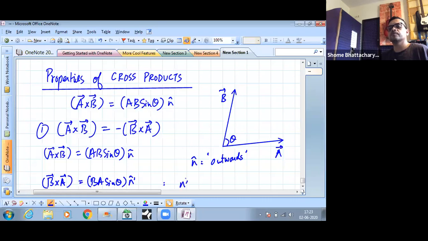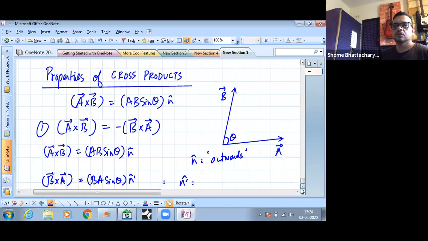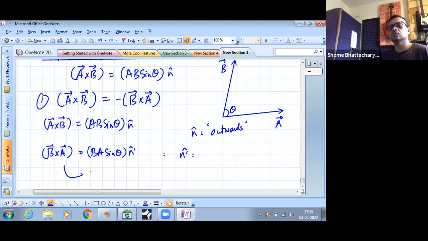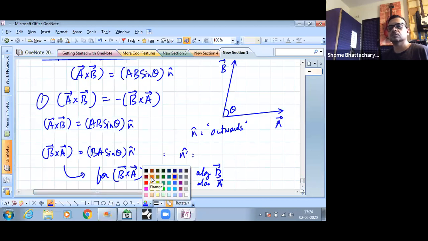N prime. Now what we'll have to do, this time to get n prime, you have to reverse your rule. You have to put your thumb along B and your fingers along A, because you're doing B cross A. Right? So what will its direction be? It will be reversed. Okay, so for B cross A, you have to put thumb along B and fingers along A. Whereas for A cross B, you're doing the reverse.